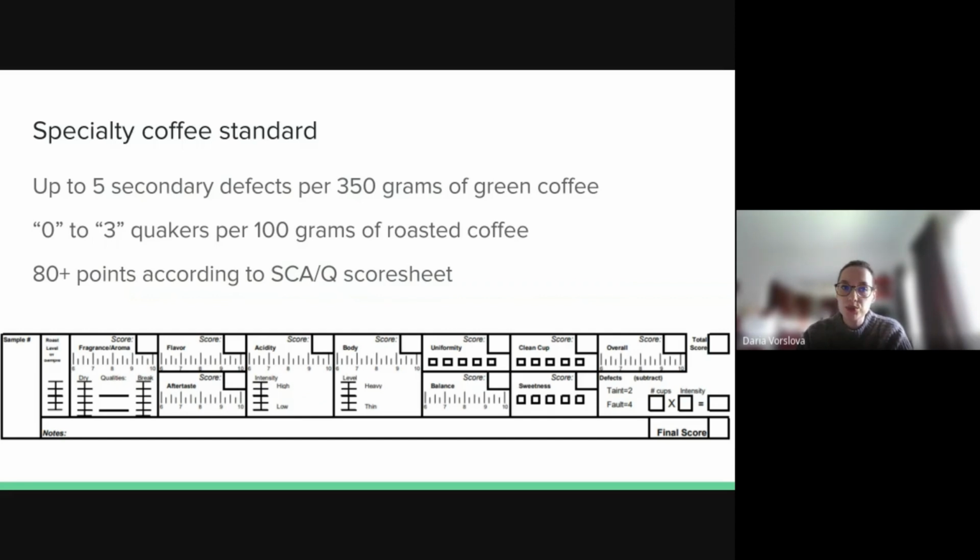According to the SCA standard, there shouldn't be any quakers in roasted coffee, but according to the Q standard, which is developed by CQI, which we're going to talk about a lot today, coffee can have up to 3 quakers per 100 grams of roasted coffee. So this is our standard.